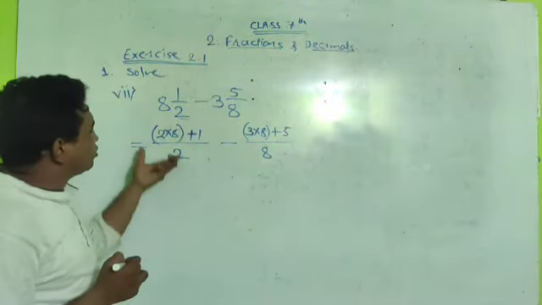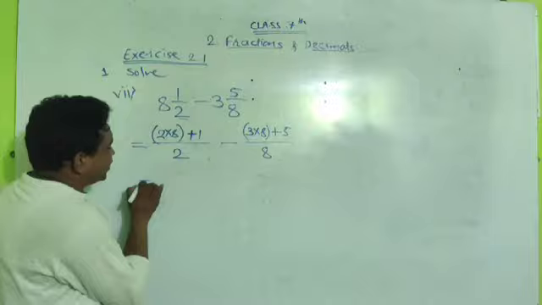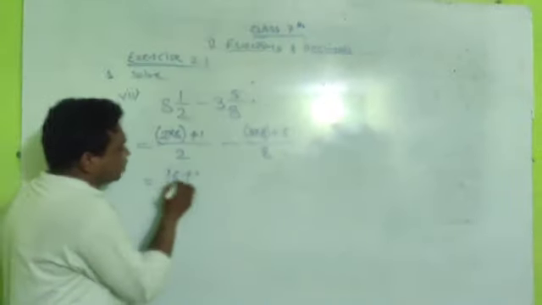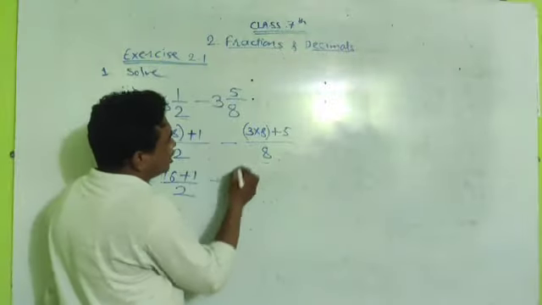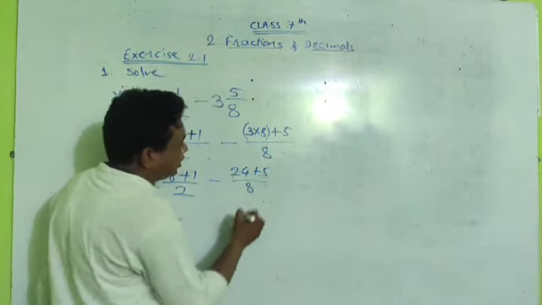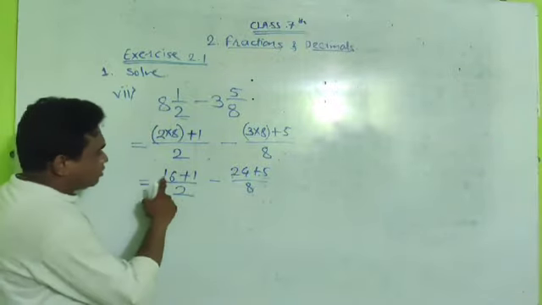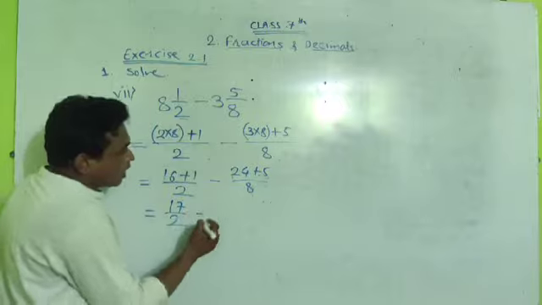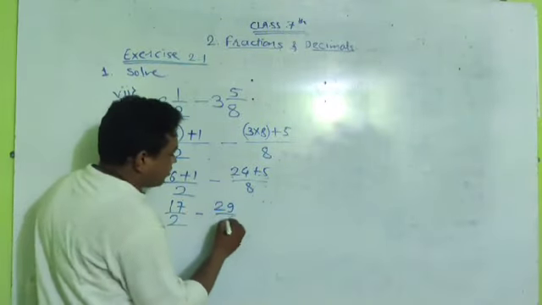When you don't forget to write the bracket, then you get the correct answer, 2 into 16. 2 into 8 is 16, plus 1 upon 2, minus 3 8s are 24 plus 5 upon 8, and here the values come: 16 plus 1 is 17 upon 2 minus 29 upon 8.